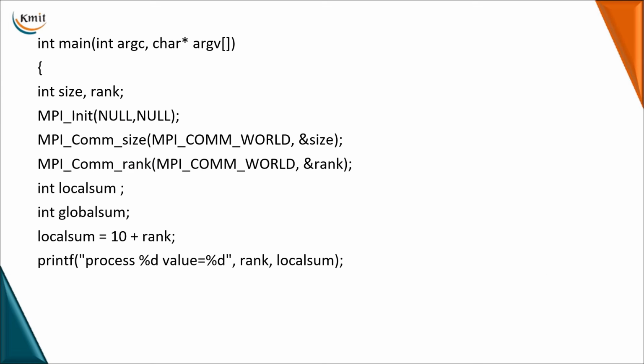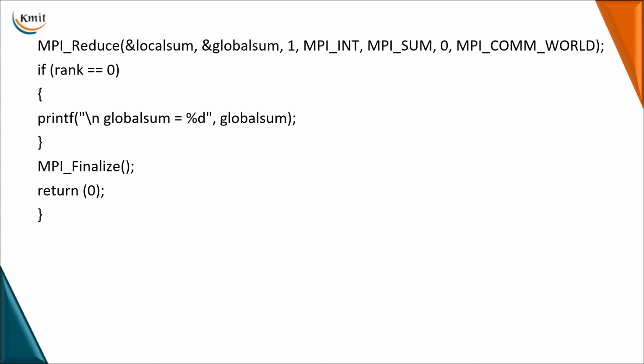So when you concentrate here, initially in each of the processes you have a value 10. So the first process will contain a value 10. The second process will contain a value 10 plus 1 is equal to 11 because it is the rank value. 11 plus 1 is equal to 12. 12 plus 1 is equal to 13. Depending upon the number of processes, that many local values you will be getting here.